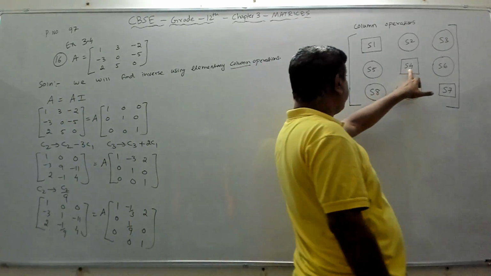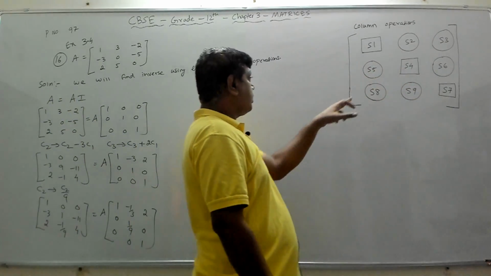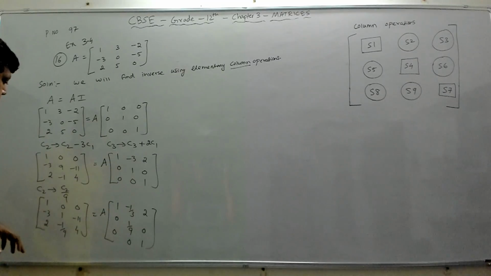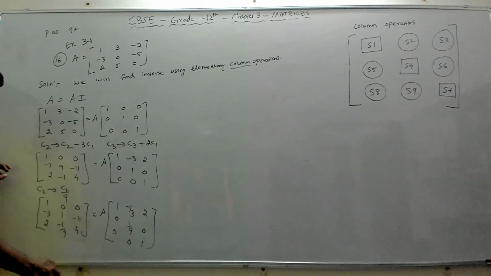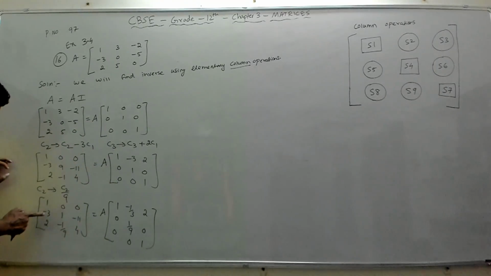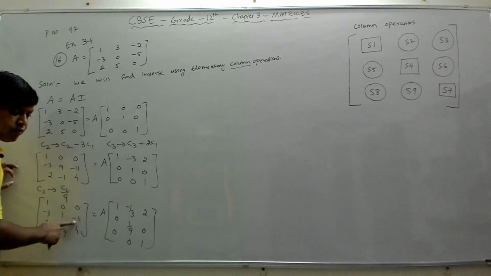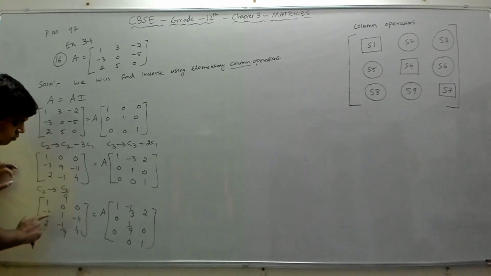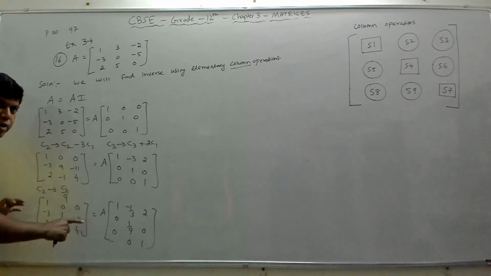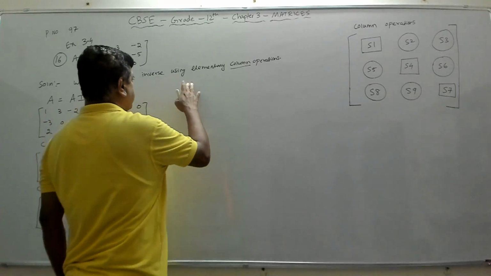S4 is done. Now we have to make this element 0. Step 5 is we have to make this element 0. And step 6 is we have to make this element 0. But we can try to make both of them 0, this element and this element, in the same step. Right? By applying two operations at the same time.